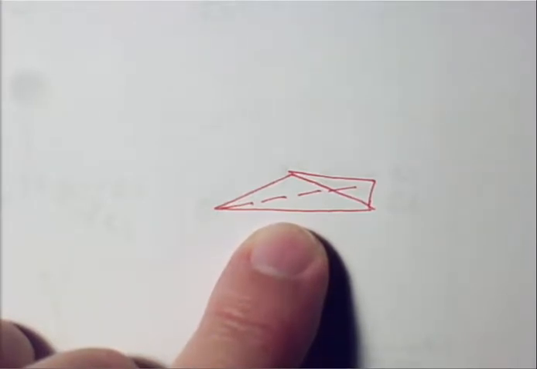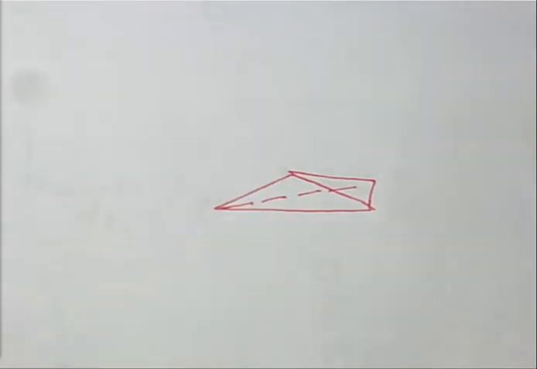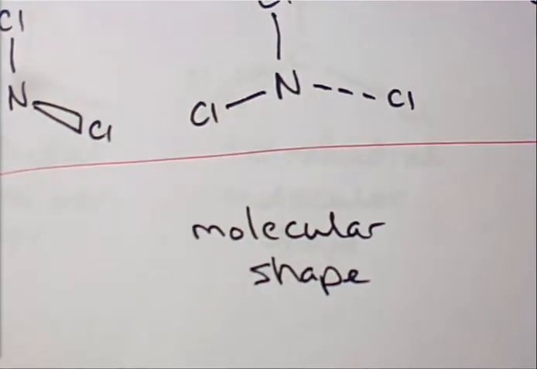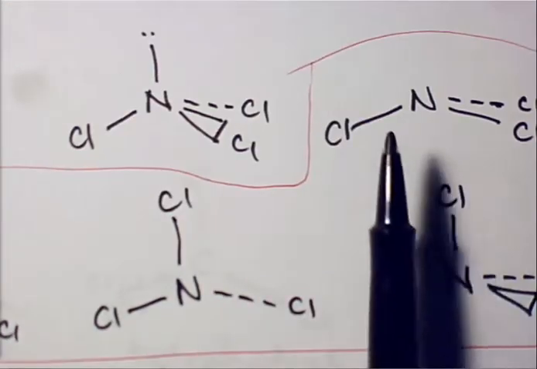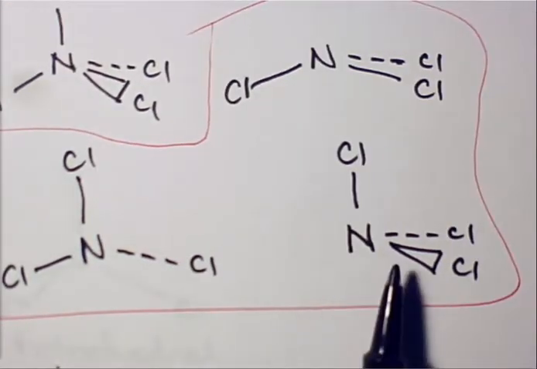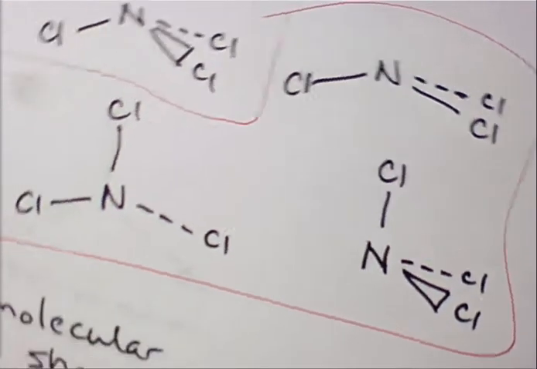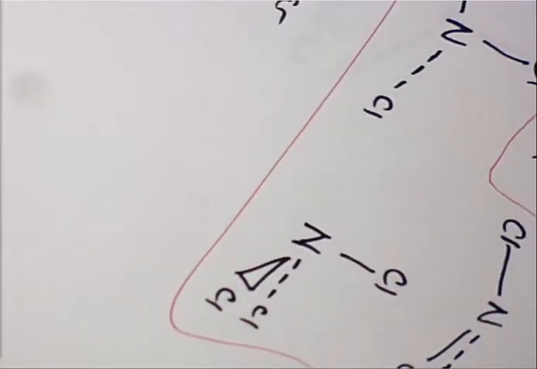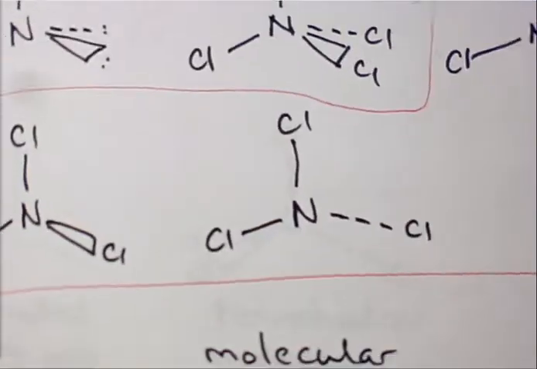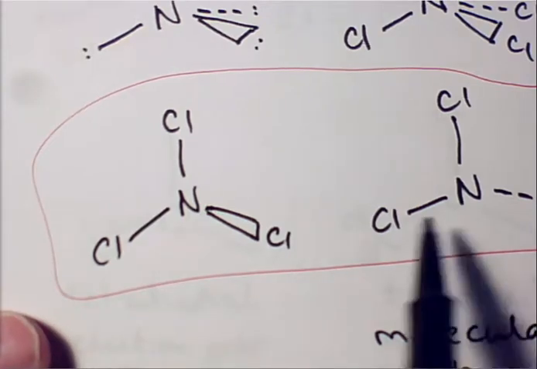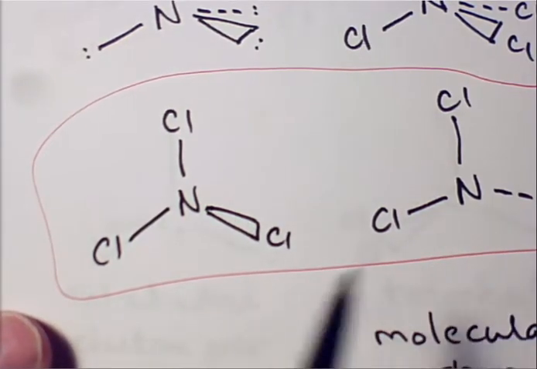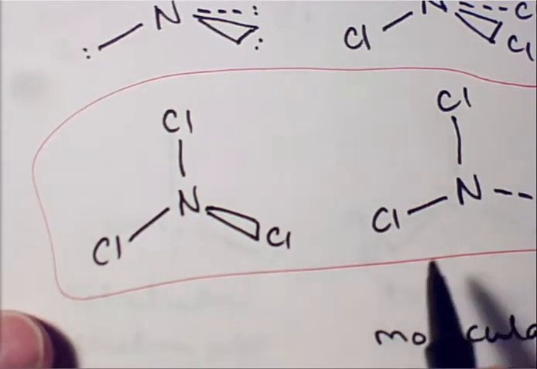So you just connect them all together? I'm connecting them all together. So the name of this shape, whether you're using this shape or this one, because this is the same thing as that, we just turned it over a little bit. These are looking down on the top, this is like looking up from the bottom.